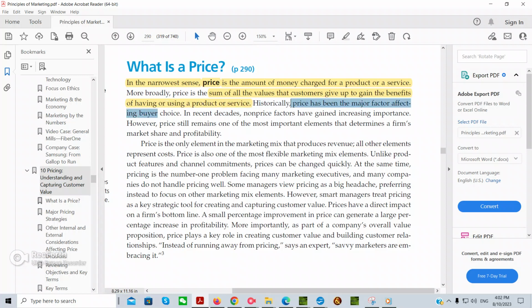So what's the major factor? Price has been a major factor affecting buyer choice. In recent decades, non-price factors have gained increasing importance. However, price still remains one of the most important elements that determines a firm's market share and profitability.